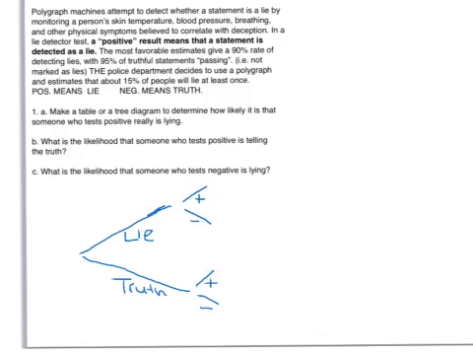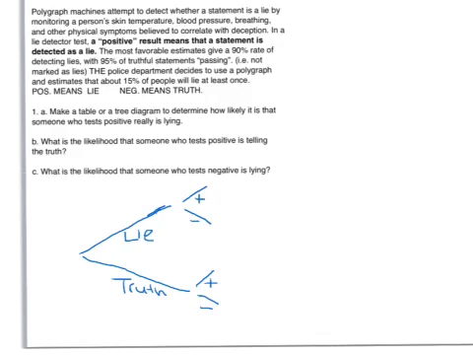So for the police department's model, they assume that about 15% of the people that they question will lie at least once. And remember, a positive result means the detector says you're lying. A negative result means the detector says you're telling the truth.